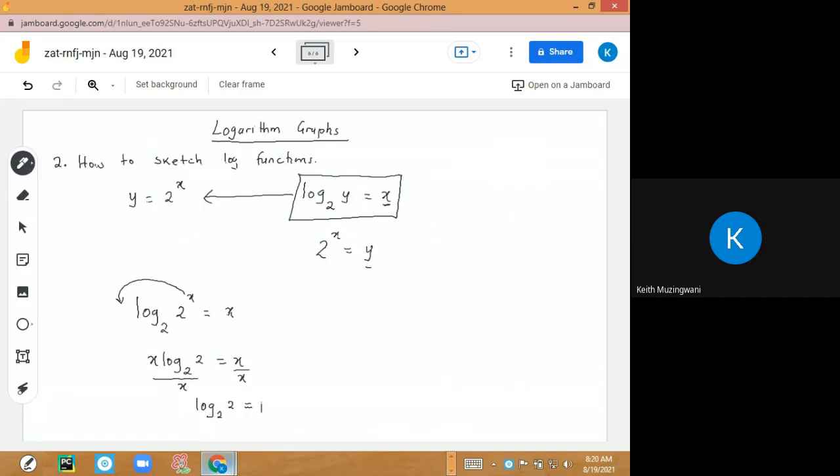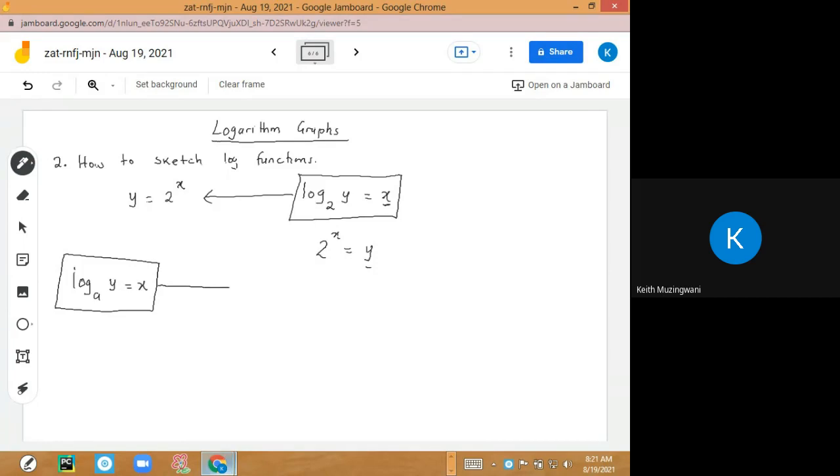For now, we want to just understand one thing. How do we move from logs to exponentials if we want to deal with exponentials? That's a question we must answer here. So we are saying, if you have a log to any base a, y is equal to x. From this, you can move to exponential by getting the base.